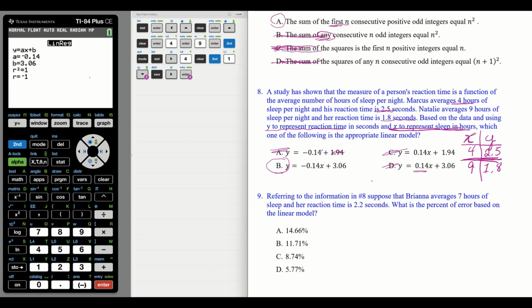Referring to the information in number 8, suppose that Brianna averages 7 hours of sleep and her reaction time is 2.2 seconds. What is the percent of error based on the linear model? Okay, what we do is we go with this actual time she had, and we're going to take the actual time and subtract from it a value that matches the 7 that's in the calculator.